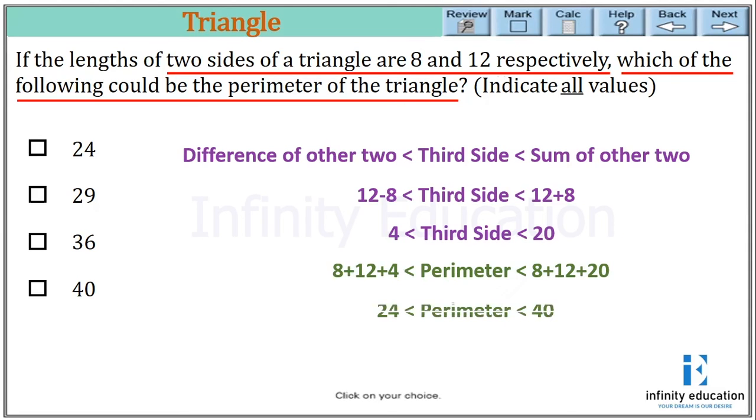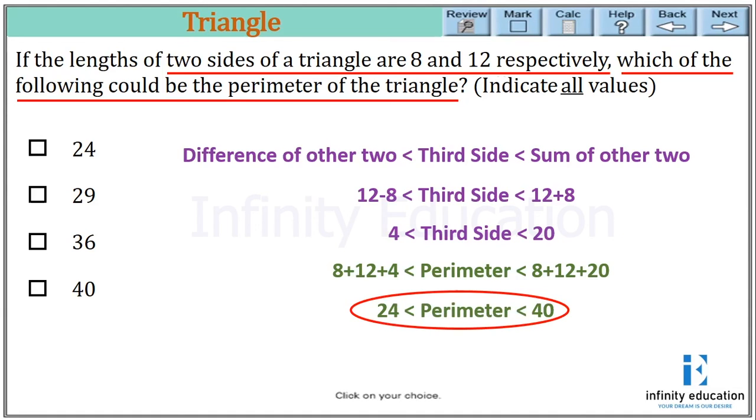So the range of perimeter we are receiving as 24 and 40. So whatever the range for the perimeter of that particular triangle with 8 and 12 as two sides, it has to be more than 24 and lesser than 40.